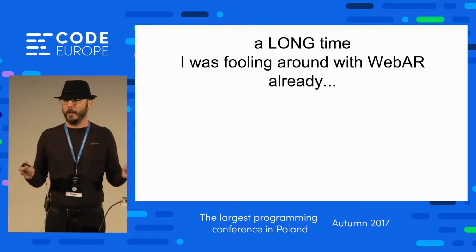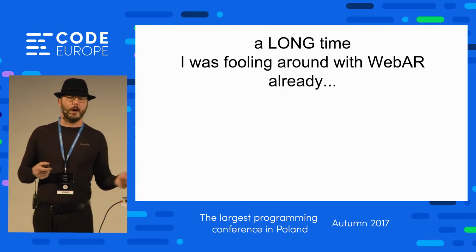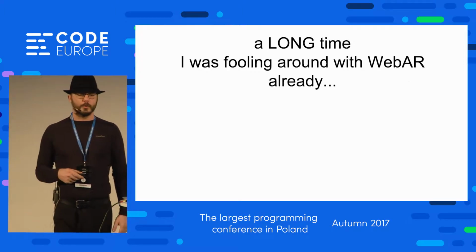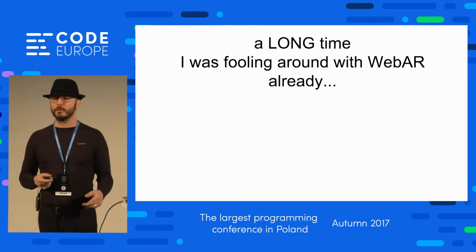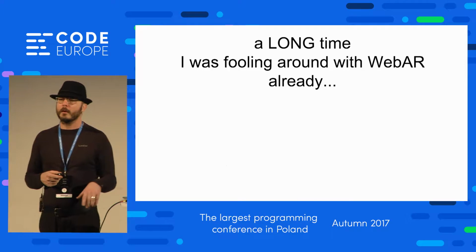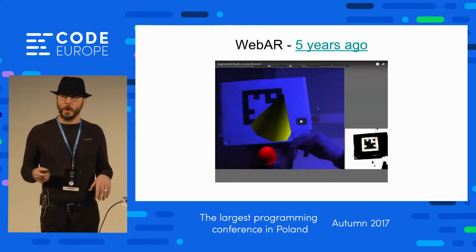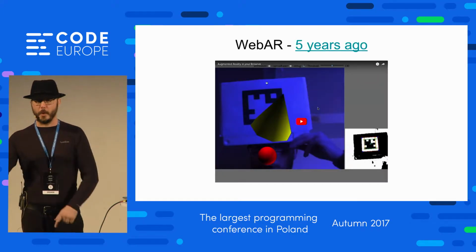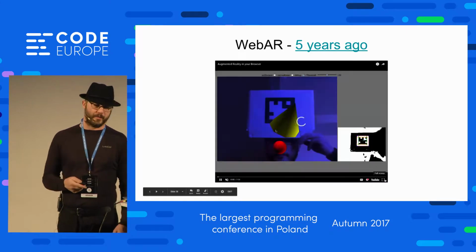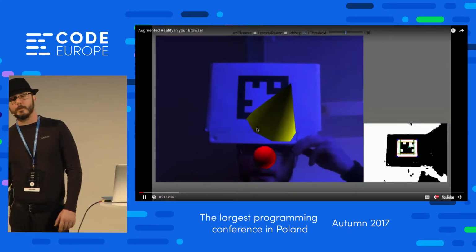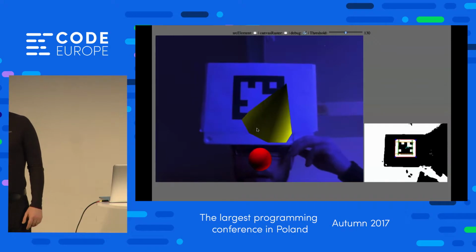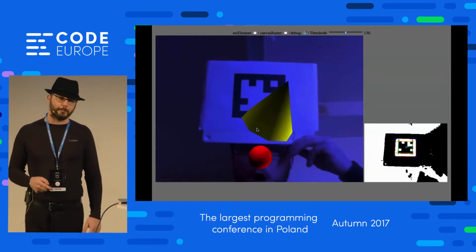You could include models that you find on the internet and so on. Three.js and A-Frame are able to support many, many, many formats of models, so you will not be limited by that. So augmented reality is easy with AR.js.